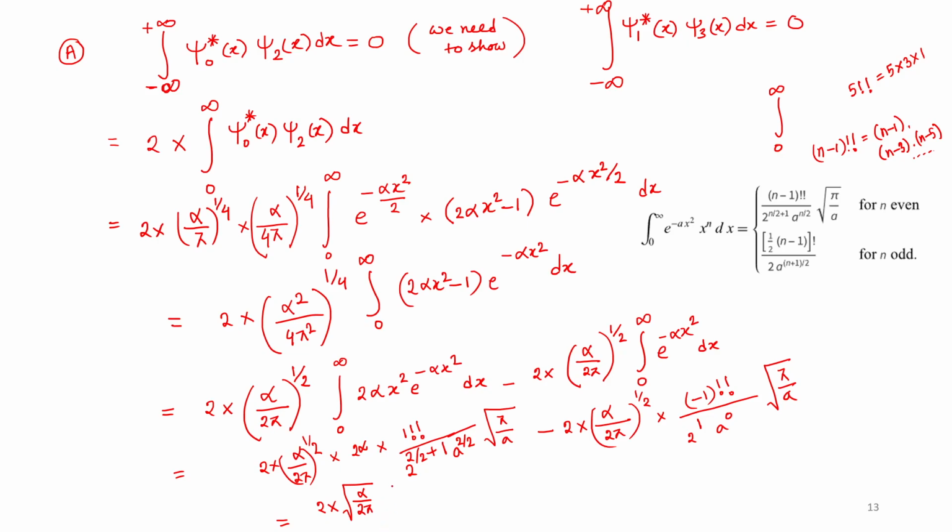This is common, I guess, so I'll take this at common. 2 alpha, 1 double factorial will be 1, 1 divided by 2 to the power 2 is 4a, minus, this is common, minus 1 double factorial, I hope it is going to be 1, I'm not sure about this. 2 root over pi by a is also common, so I'll just write pi by a.